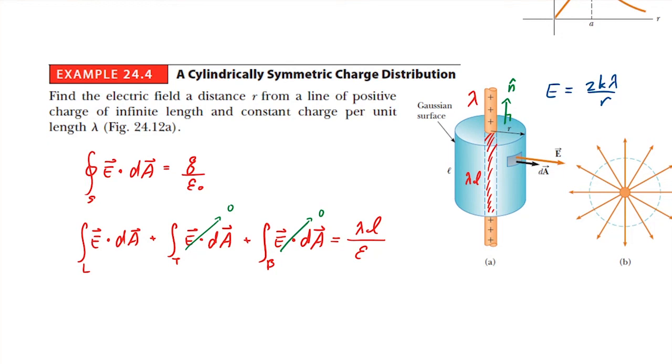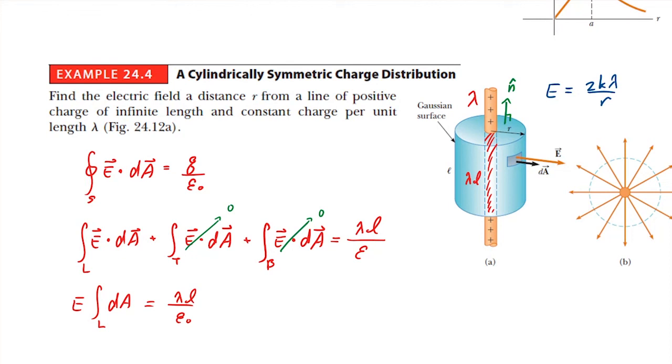So we only have this first one here. And here, the angle is 90 degrees, isn't it? They line up. So this, once again, and this E is constant because it's the same distance away from the wire, isn't it? So this thing becomes E constant that we are trying to calculate, right? And then dA, everything else is 0, and then you have lambda L over epsilon naught.